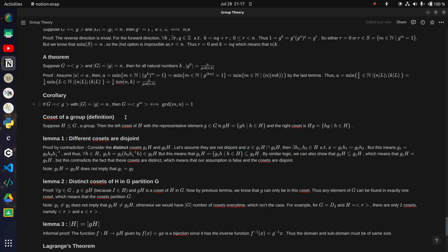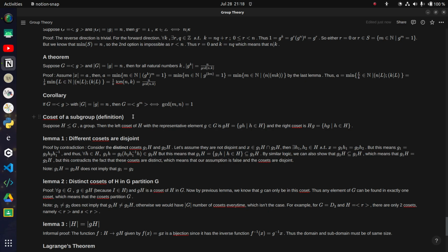Okay, next. So next is a very important definition. Usually I hate definitions, but this one is pretty important. It's called a coset of a subgroup. Should be a subgroup over there, not a group. Okay, so the coset of a subgroup is defined like this.